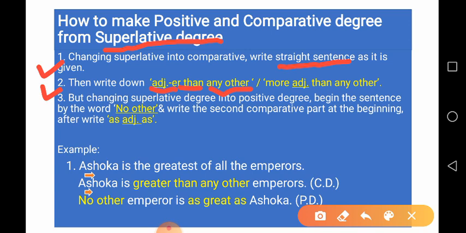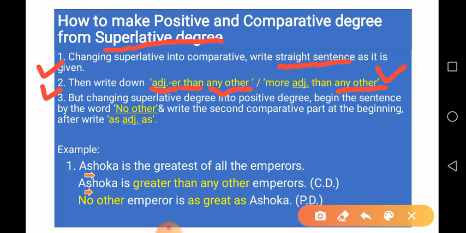Have you got it? After adding er, then than, we need to use a word that is any other. Okay? See, when it is more plus adjective, you can add after more plus adjective than and any other while making a comparative degree.